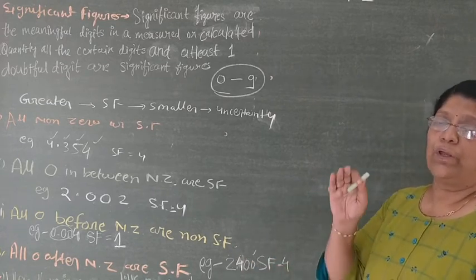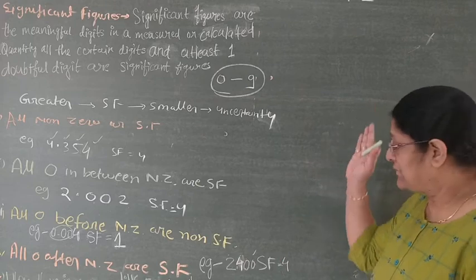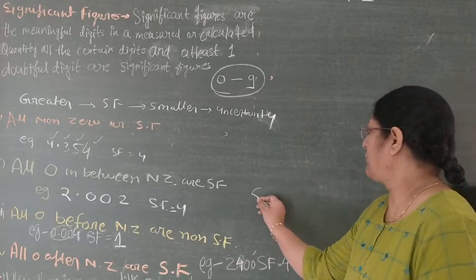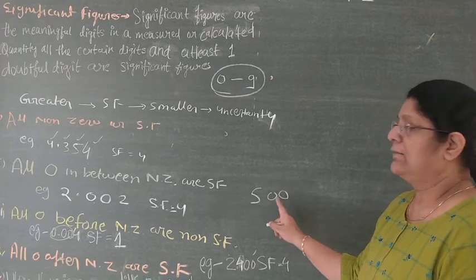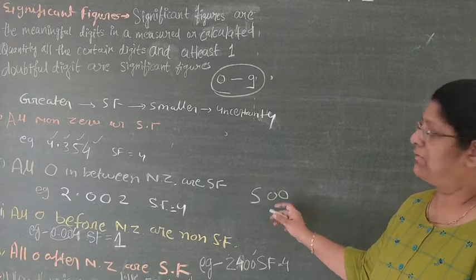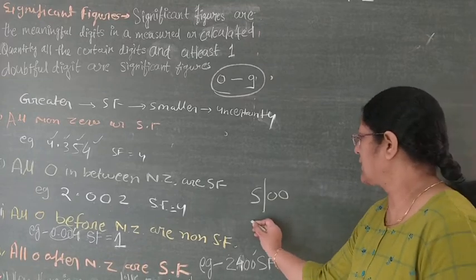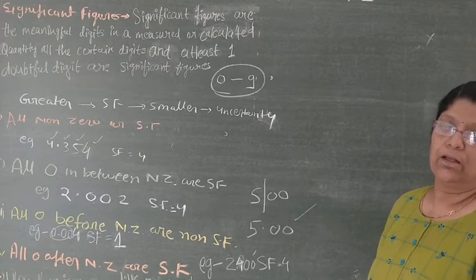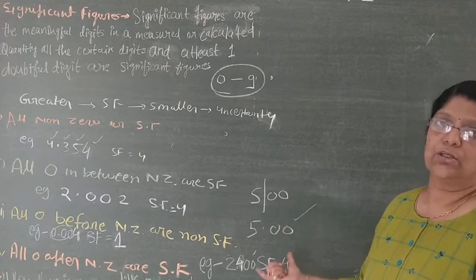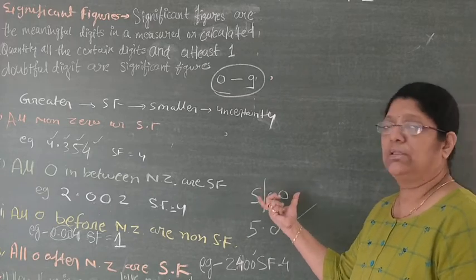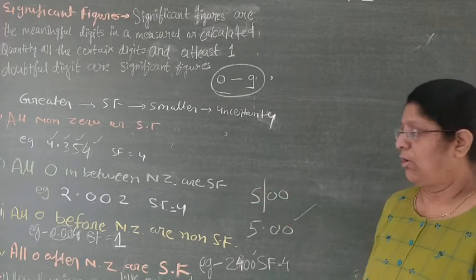The zero which always comes after a non-zero and the decimal point is also important. If it is coming like this, only 500, then these zeros will not be countable as significant figures, only the 5. But if it is coming like this, 5.00, then they are countable. So after the decimal, the zeros at the end portion will be countable, but without a decimal, zeros will not be countable.